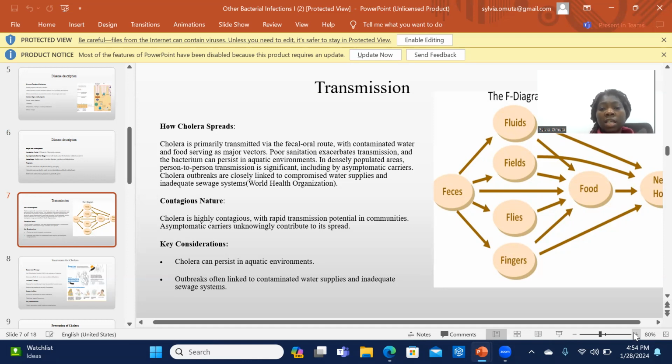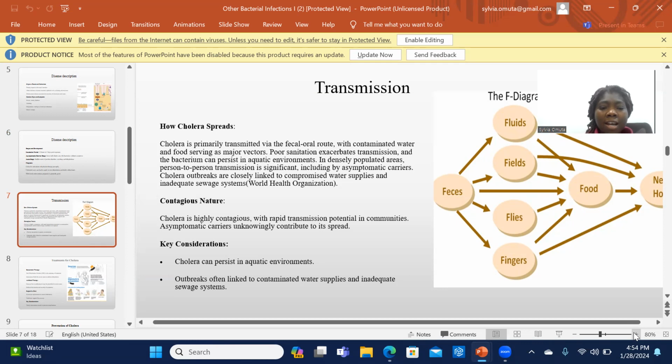In densely populated areas, person-to-person transmission is significant, facilitated by asymptomatic carriers. Cholera outbreaks are closely linked to compromised water supply and inadequate sewage systems, according to the World Health Organization.